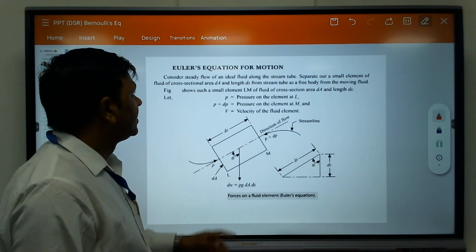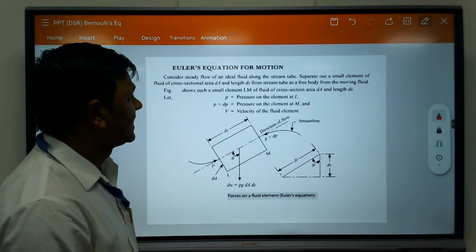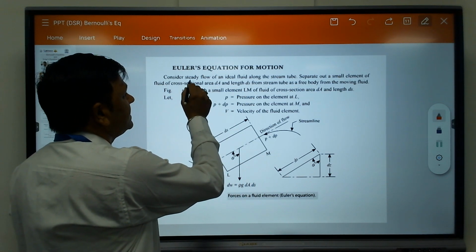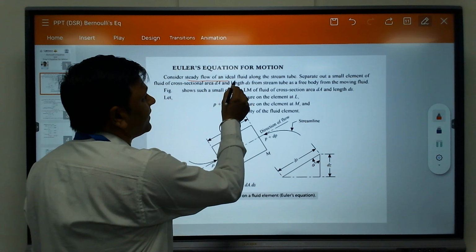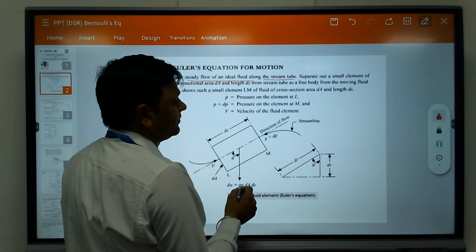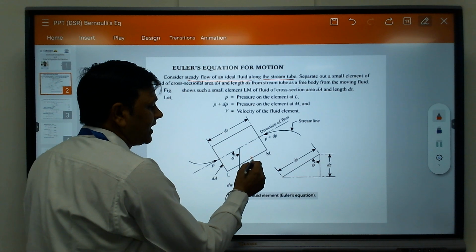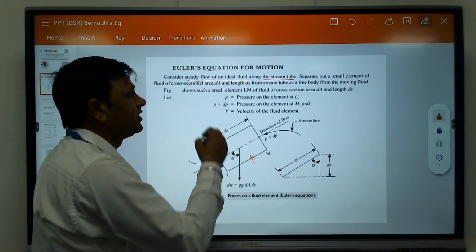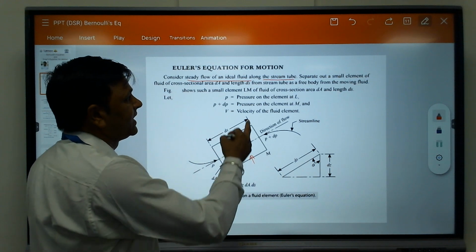Now, for Euler's equation of motion, consider a steady flow of an ideal fluid along the stream tube. This is the fluid element we have considered for the derivation of Euler's equation of motion.